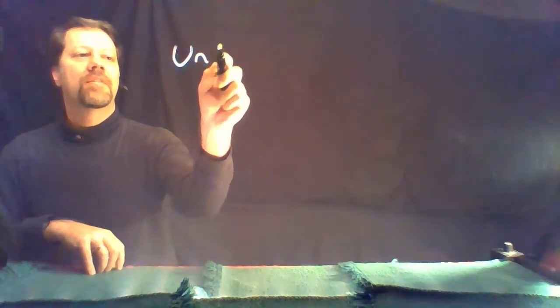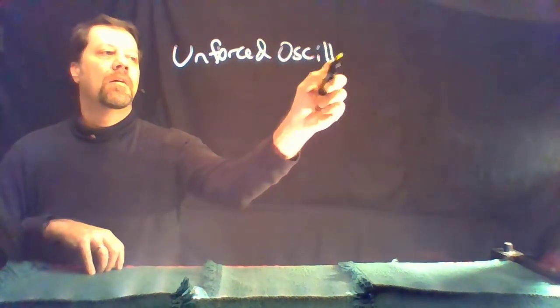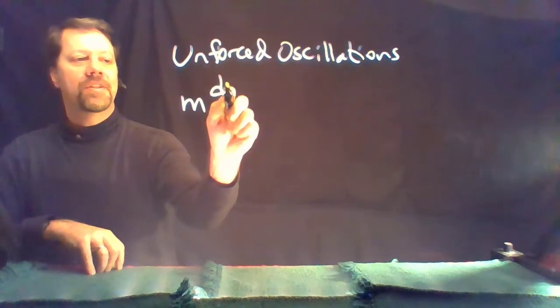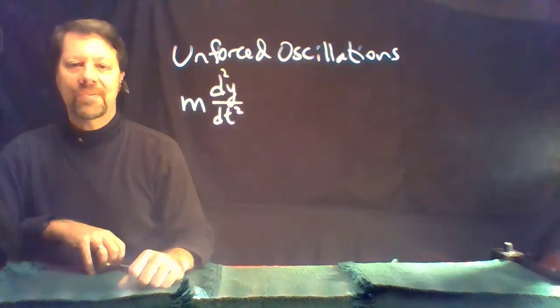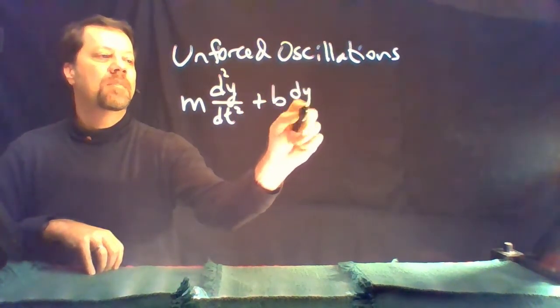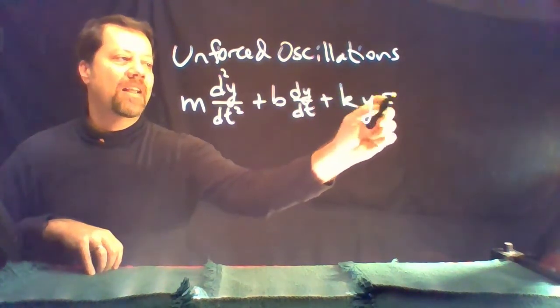I want to consider three cases for unforced oscillations. Unforced oscillations satisfy the differential equation m d squared y dt squared plus b dy dt plus k y equals 0.